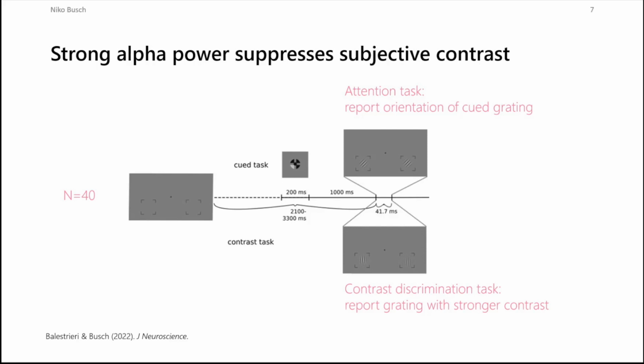I suppose in the end, yes, because people have to make a decision about which one seems to have stronger contrast, and then report that. And I guess you could say that one is probably selected for report. Not sure that's an answer to your question.